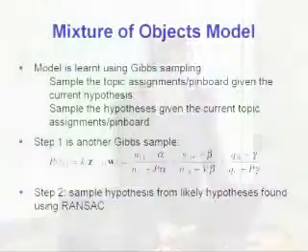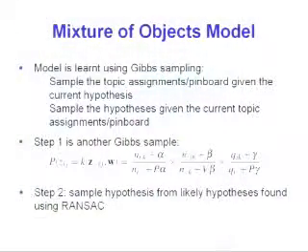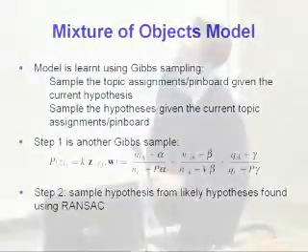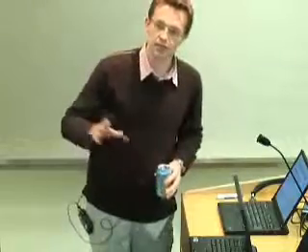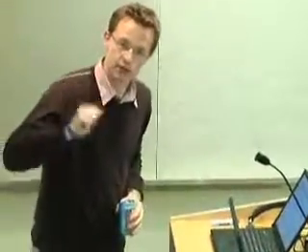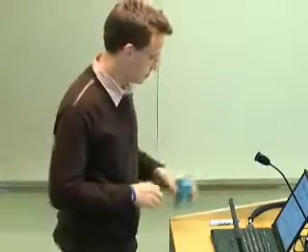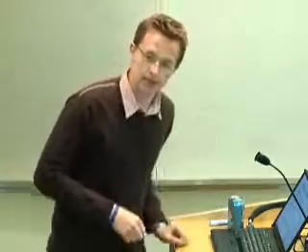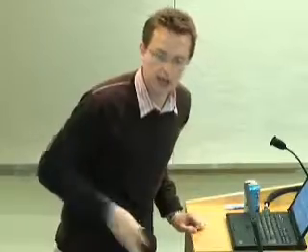So this is how we learn it. Of course, we use Gibbs sampling because it's a topic model. We sample the topic assignments and the pinboard given the current hypothesis, or current set of hypotheses. And then we sample the hypotheses given the current topic assignments and the pinboard. Step one is simply another Gibbs sample, and I won't go into all the variables here.